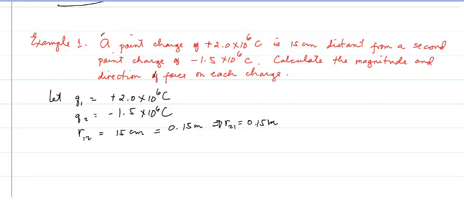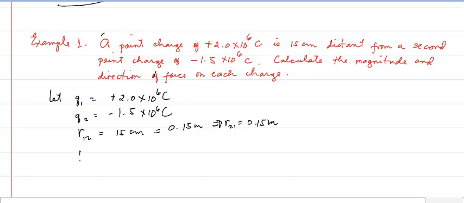And the distance from charge 1 to charge 2 is also equal to the distance from charge 2 to 1. And this is also equal to 0.15 meters.